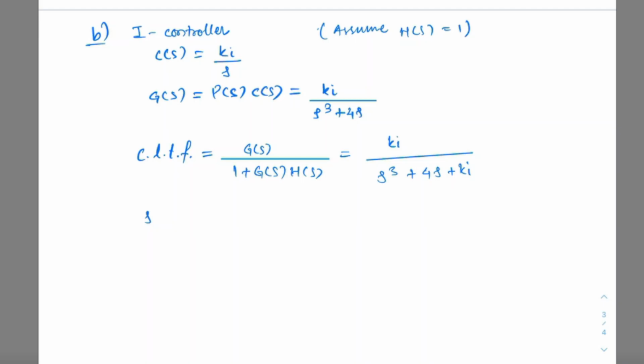This implies a derivative controller can stabilize the given plant.